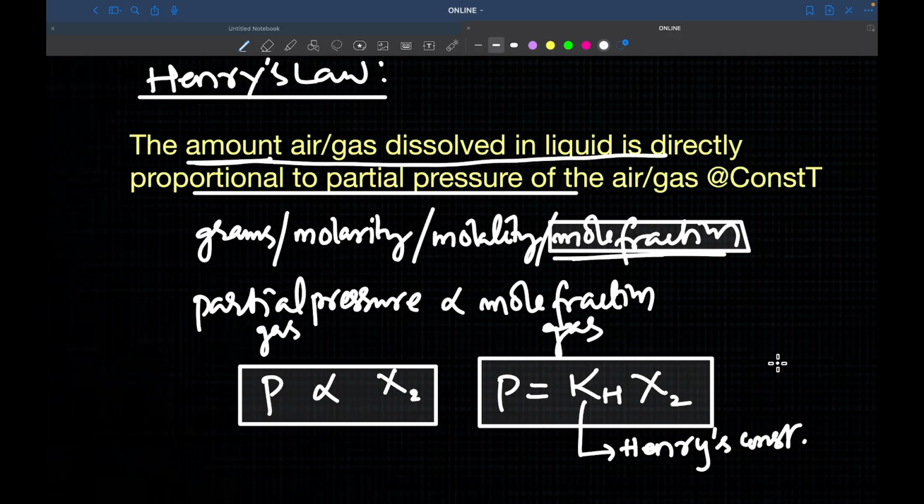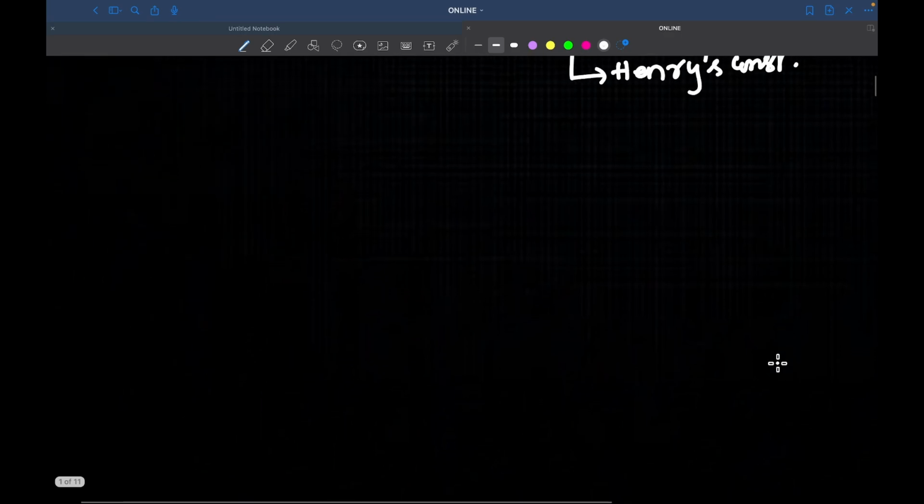So P equals to KH into X2, okay, right. So we'll further continue our discussion.